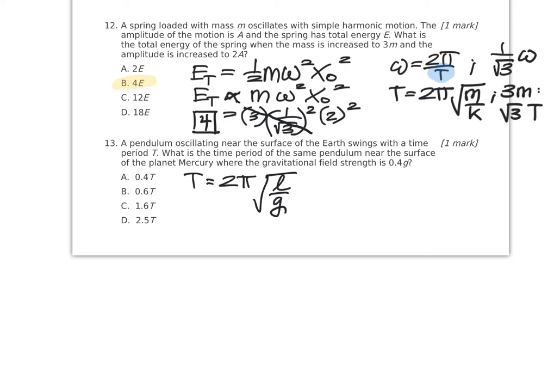And so we have that the period is proportional to radical L over g, and if we kept the same length in terms of a proportional change, we would get length is the same, g is 0.4 what it is on Earth, and that of course gives us a proportional change of 1.6, and that would be choice C.